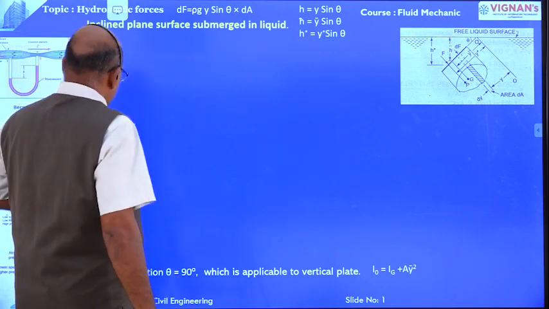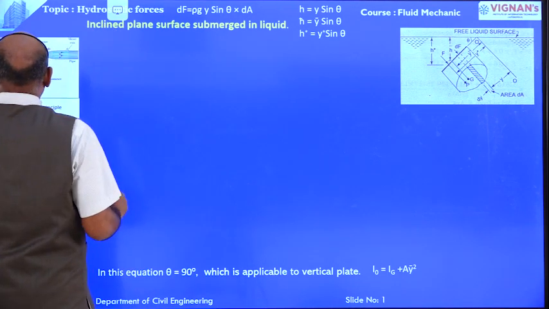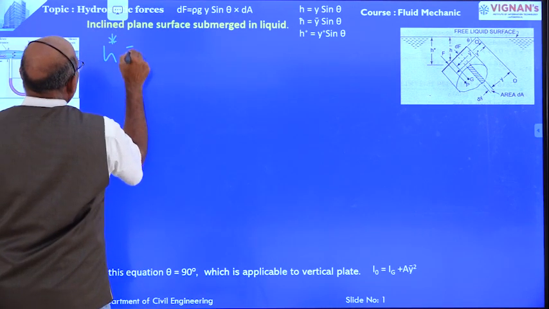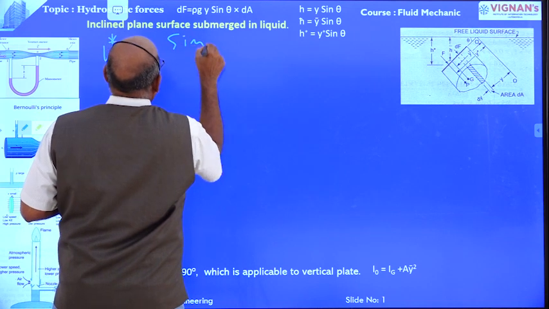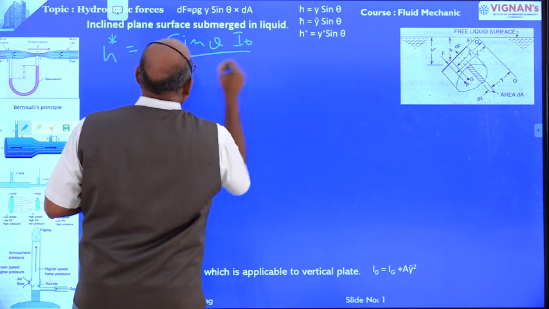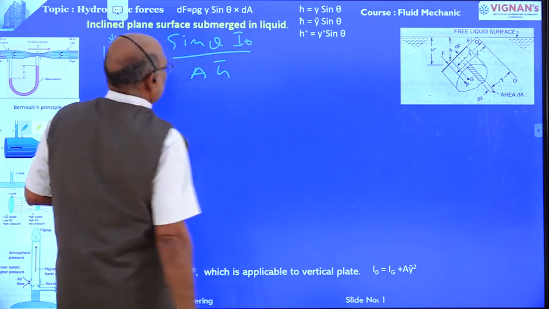We have the equation h star equal to sine square theta I0 divided by a h bar.